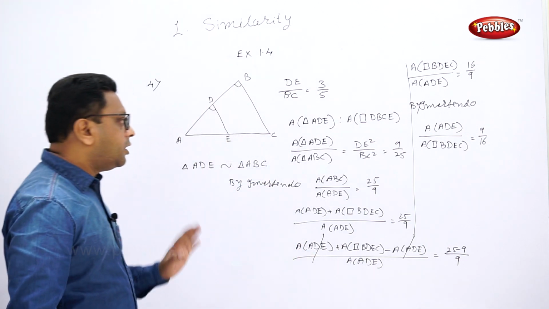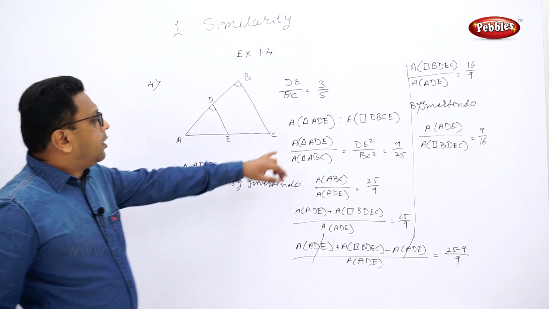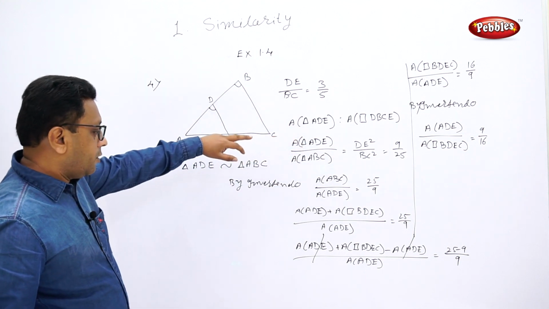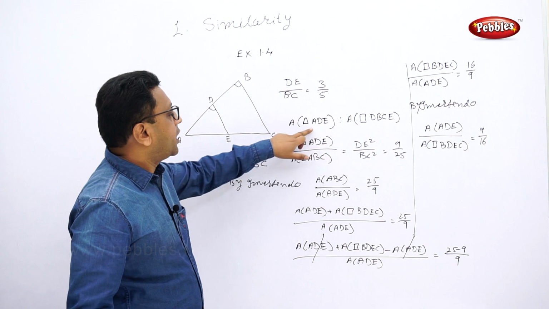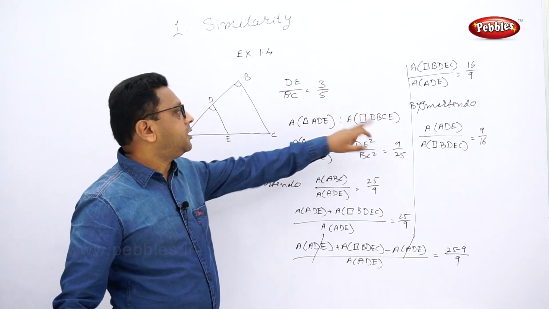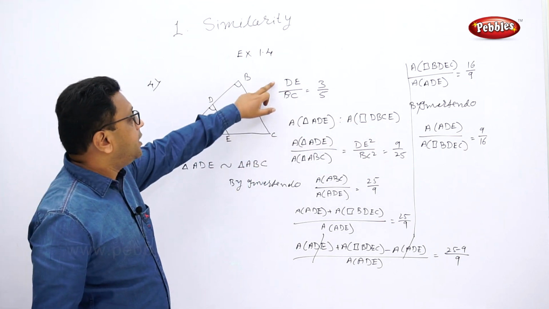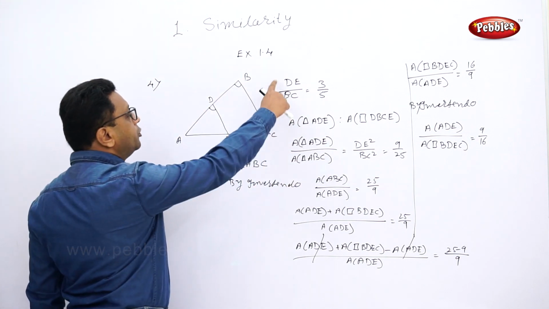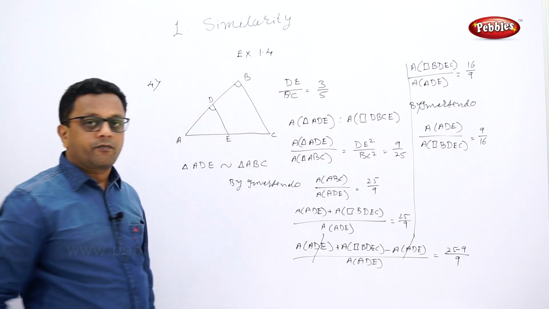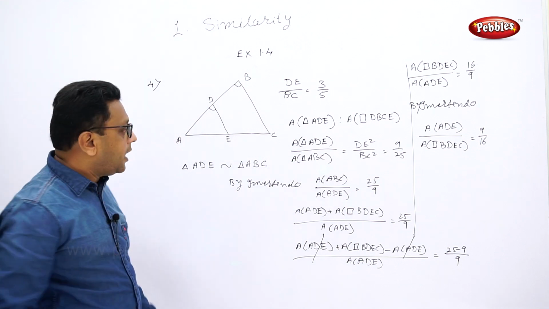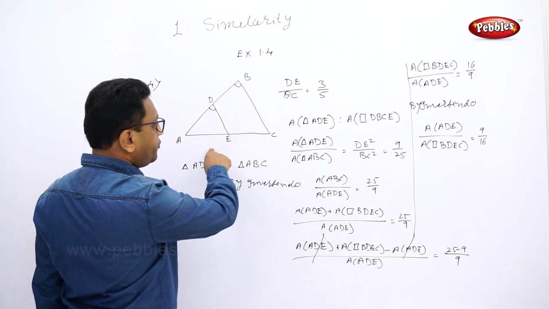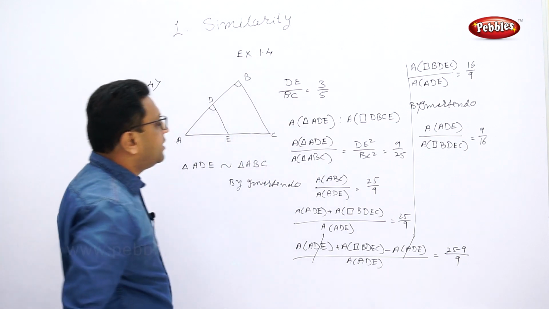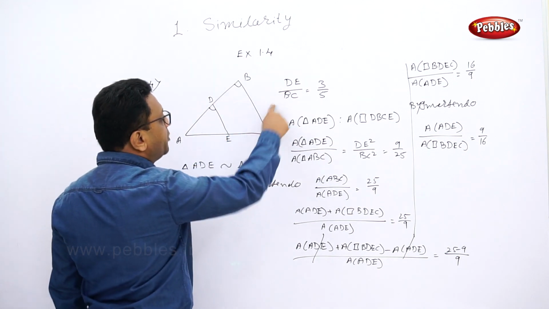Okay. So here also what I thought, we have to find ADE and quadrilateral DBCE, and they gave that DE upon BC is equal to 3:5. That means I have to use DE upon BC. Definitely I have to use it. And I also know that if DE upon BC is there, that means definitely ADE upon ABC is there.